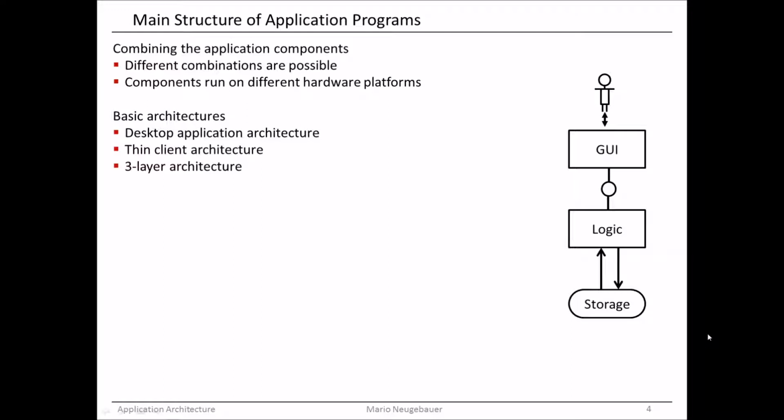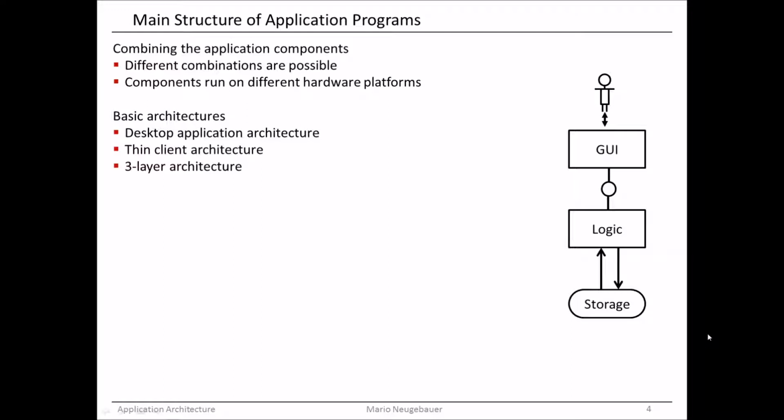And what is also an important point to remark is that the different components do not need to be on the same hardware. They do not even need to be on the same hardware platforms like operating systems. They can be distributed on different platform types.